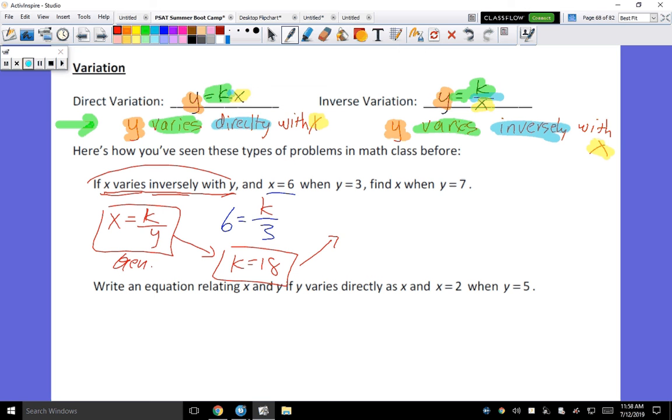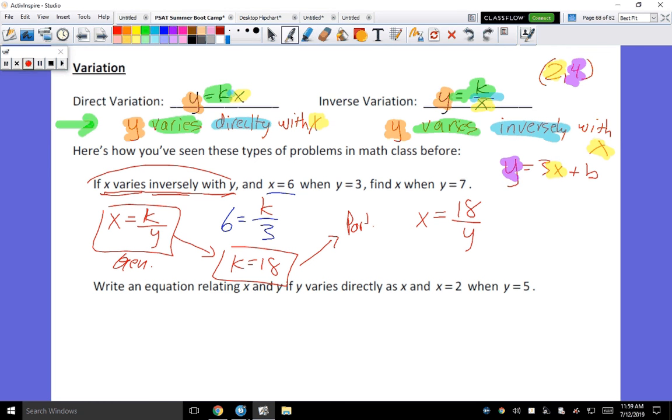So that we can make this general form into a more particular form. Otherwise a direct variation, particular, and it would look like this. X equals 18 over y. It's like using the point on a y equals mx plus b to solve for the intercept of b. Y'all remember that? Whenever you had something that looked like this, and if you had a point, you could use this point here and here to help you find b. You go with me?